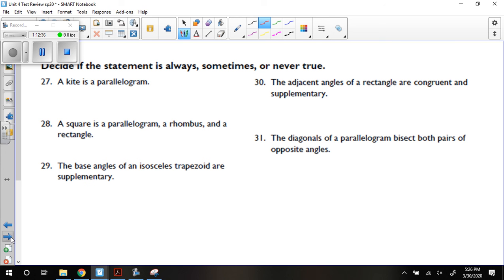All right, decide if the statement is always, sometimes, or never true. A kite is a parallelogram. Yeah, that is never true, because a kite doesn't have opposite sides parallel.